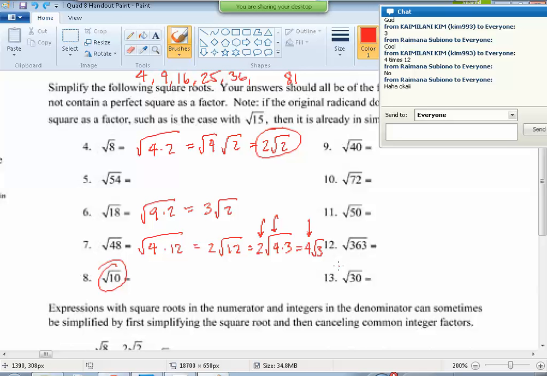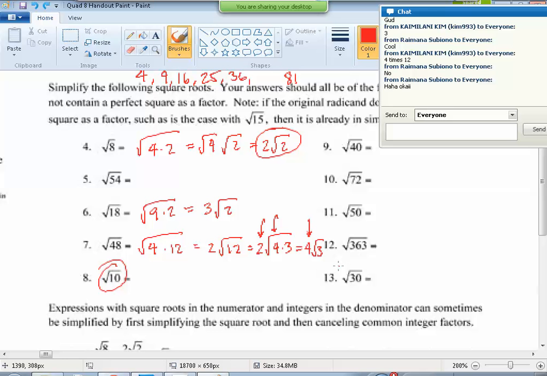Let's try 9. Right? Because can 363 be divided by 9? Or can it be divided by 3? Yeah, you can divide 363 by 3, right? Because if you add up all the integers... All right, okay, but can I divide it by 9? That's my question. Try putting it in your calculator. 363 divided by 9.